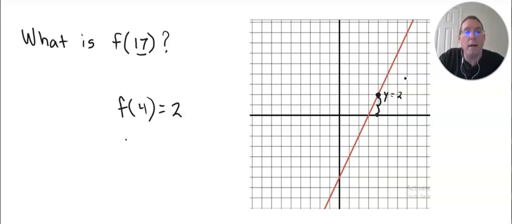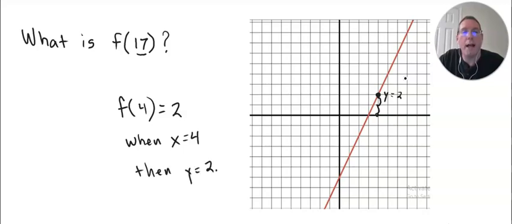That's what f of 4 equals 2 means: when x is 4, then y is equal to 2. Well, this is saying when x is 17, what is y equal to?